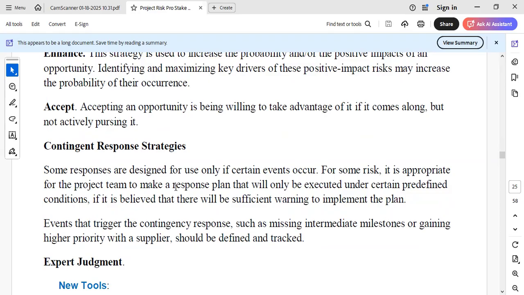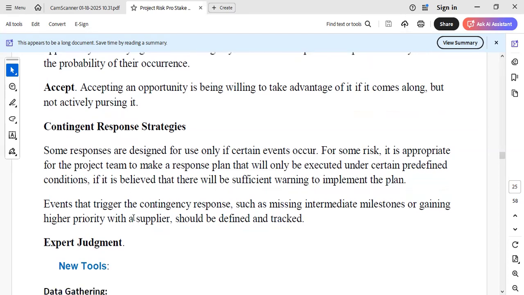And this response plan can only be executed under certain conditions. And this must be when we have sufficient warning to implement the plan. So when we say sufficient warning, we are talking about other events that may trigger that contingency response.